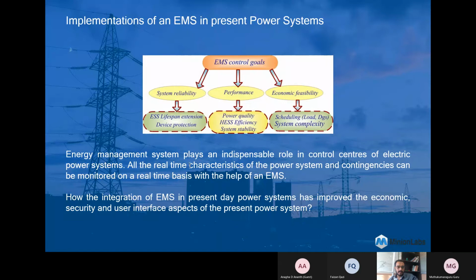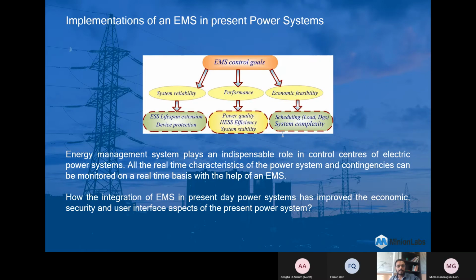So let us see some of the implementations, like what the steps and procedures are for implementing EMS in present power systems in India. Energy management system plays an indispensable role in control centers and electrical power systems.